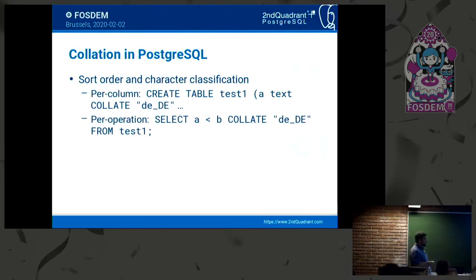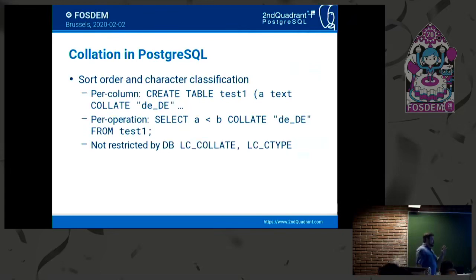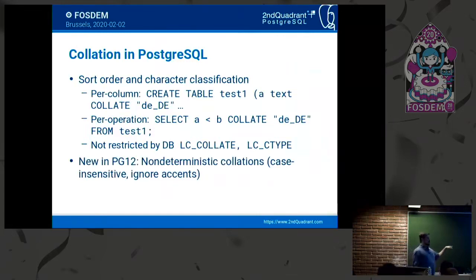So you can select with a specific German language collation from a table. That means that you are not restricted by whatever configuration your database has, LC_COLLATE and LC_CTYPE.